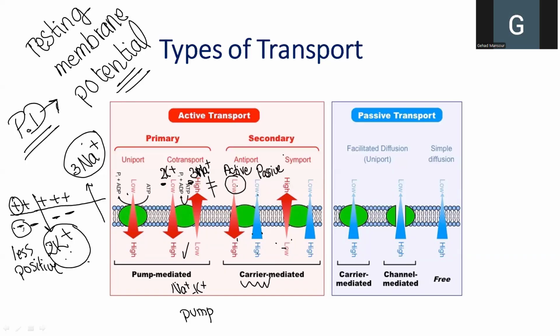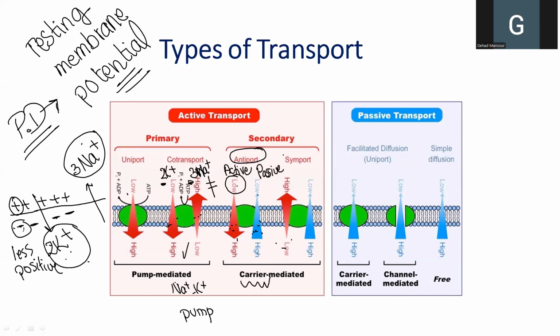We will see examples of antiports. This is called an antiport because the ions move in opposite directions. The co-transport here again is an antiport. So this one can be considered a co-transport, but also an antiport.